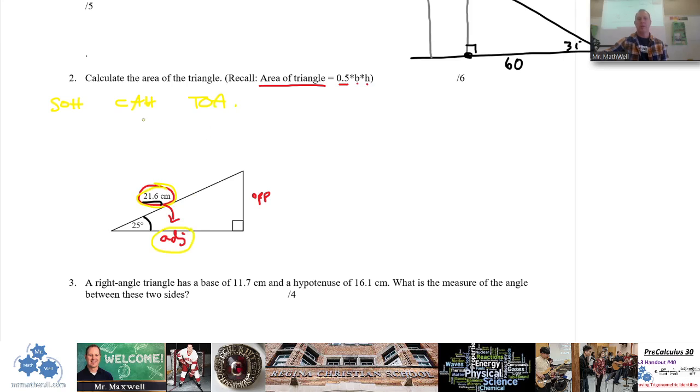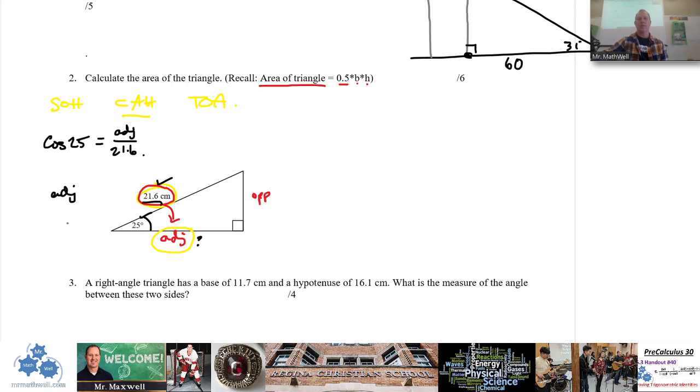So which one has hypotenuse and adjacent? Here we go, cosine. So you can set up an equation using 2 knowns and 1 unknown like this. Cos of 25 equals adjacent over hypotenuse 21.6. And you can solve for the adjacent side.